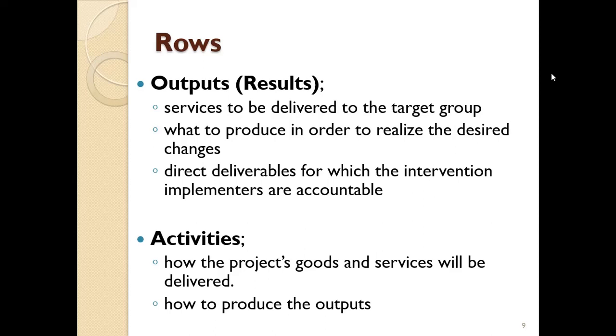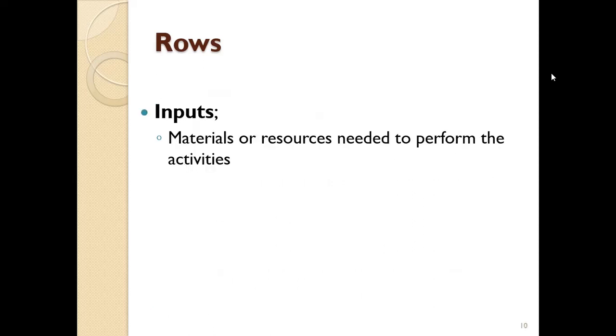Okay, so the activities, of course, are the processes that contribute to how certain goods and services or outputs would be achieved. In other words, it's how the outputs can be achieved.